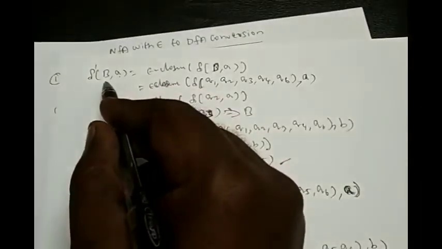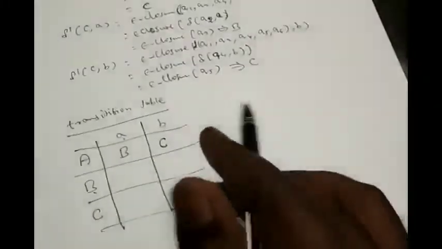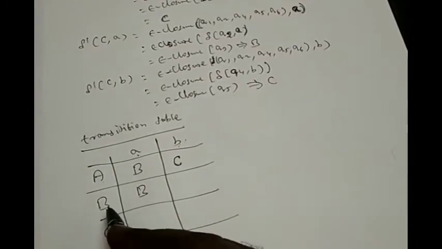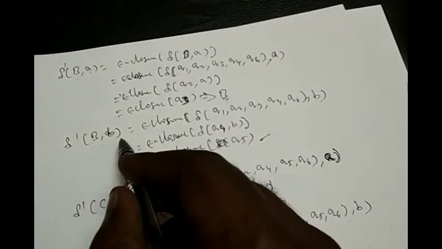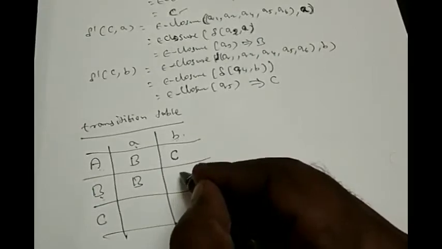So if I apply a on set B, I am generating B here. It is generating B. So I just write B, and if I apply input b on set B, what does it generate? It is generating C here. So I just write C here.